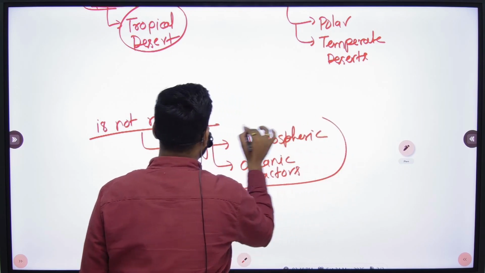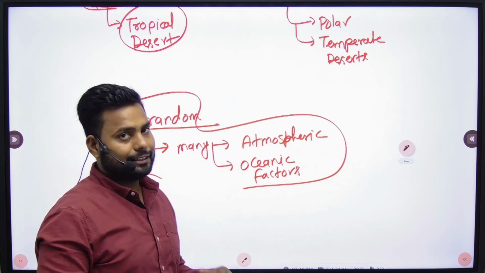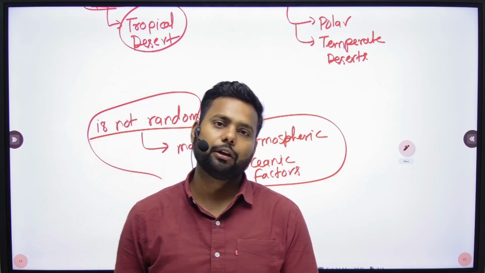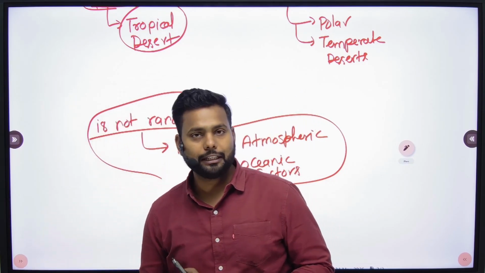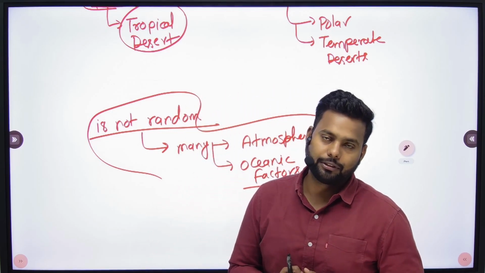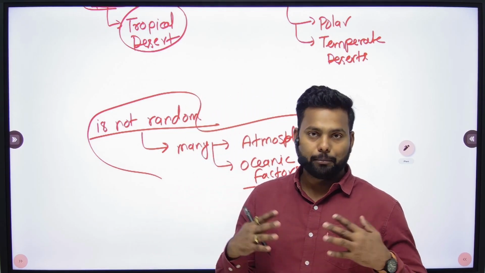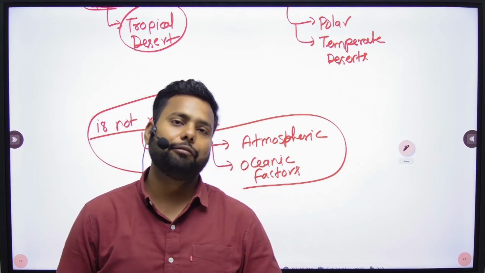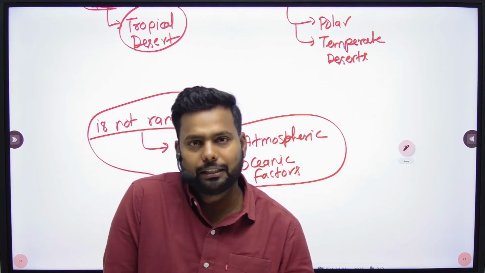So you can start like this. The deserts are not randomly found at any particular location. It is because of the geographical, altitudinal, latitudinal, atmospheric and oceanic complex phenomena behind the formation of deserts. You can start like this.